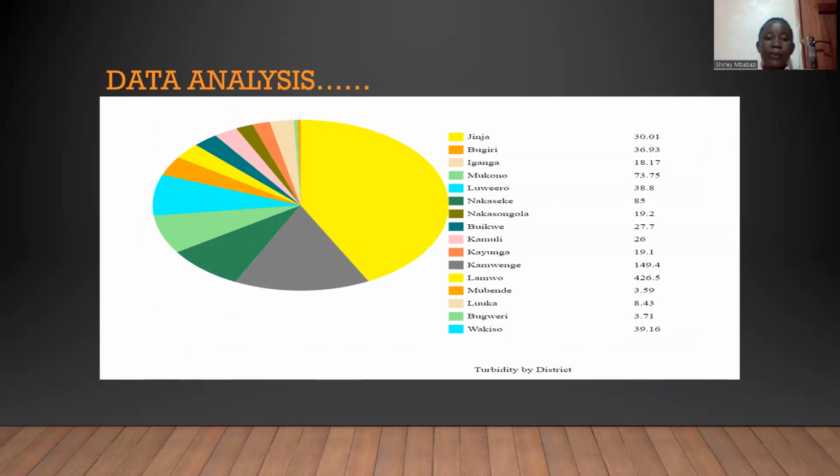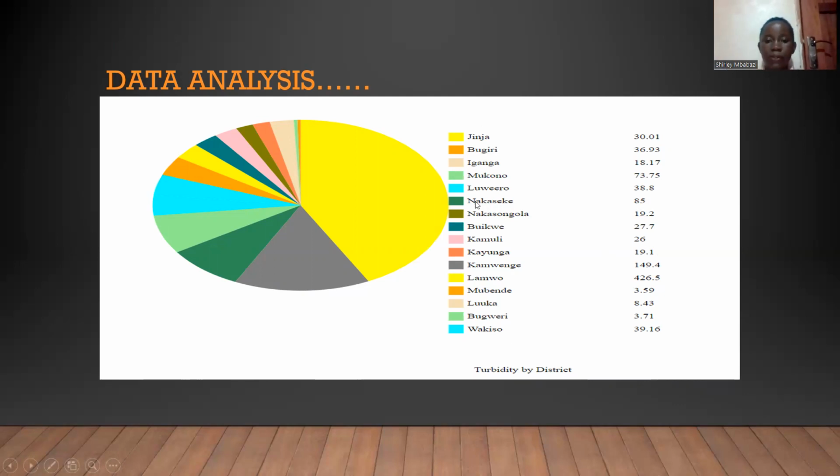And then I went further to do stability by district. So here I'm trying to show how high is stability in a given district. We can see the districts with the highest stability, we can see Lamu, because of the other factors that attribute to it, the fact that data was collected from many places other than the rest of these districts.